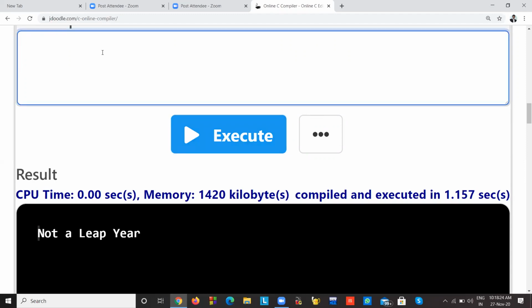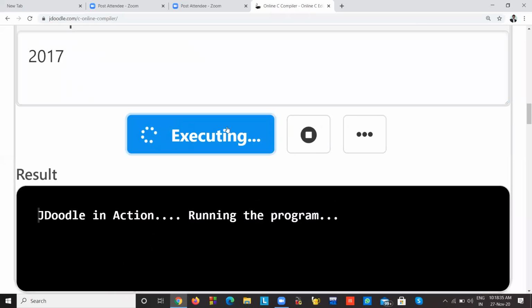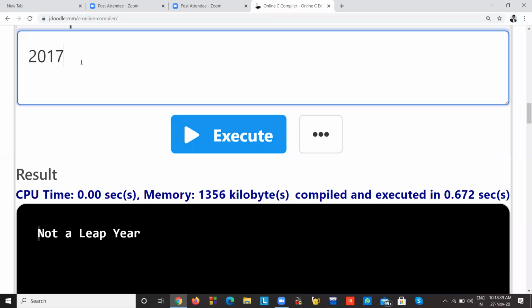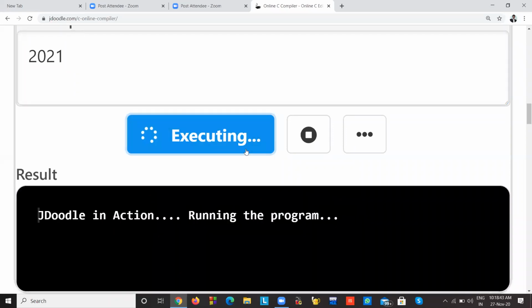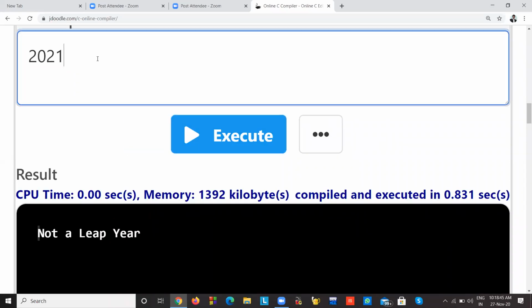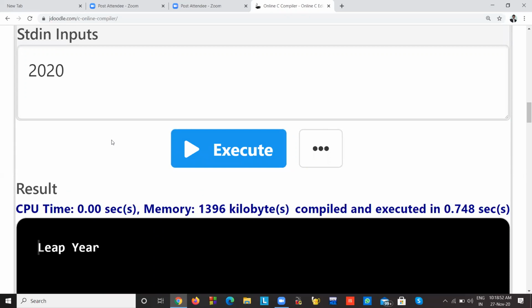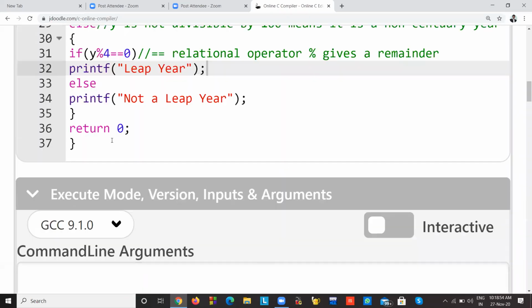When you joined your college, 2017, it's not a leap year. When you are going to pass out in 2021, it is not a leap year. What is the current year? 2020. It's a leap year.